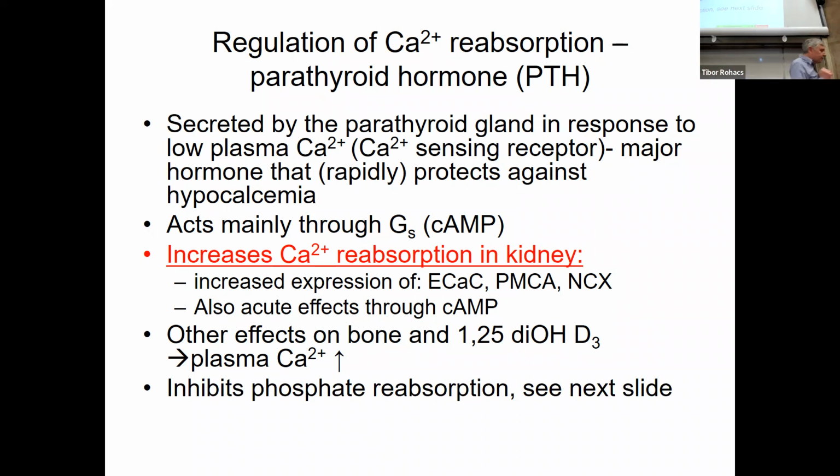And as you will learn from endocrine physiology, and also from the next slide on phosphate reabsorption, parathyroid hormone has an opposite effect on phosphate reabsorption. So parathyroid hormone increases calcium reabsorption and inhibits phosphate reabsorption. Parathyroid hormone regulates calcium and phosphate in an opposite way. You will learn the details in endocrine physiology.